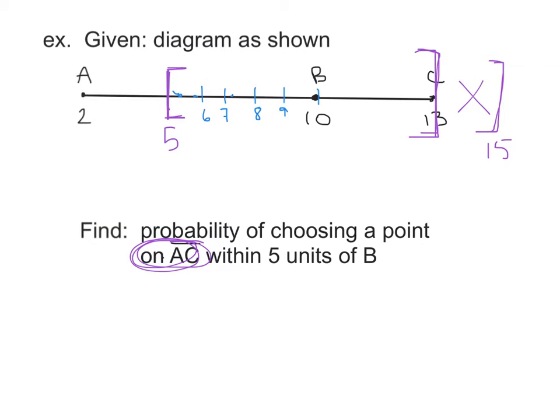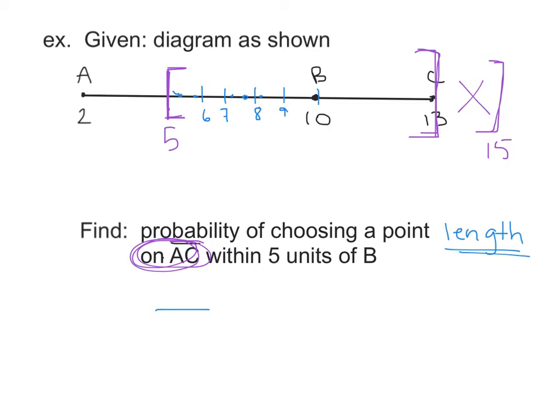Maybe 7.1, maybe 7.8, maybe 8.00001. Those are all points, and they are all in the winning section. So how do I count every one of those points if there's an infinite amount of points? Even though this question says choose a point, we're actually going to have to deal with length: what length is a winning section, and what is my total length?